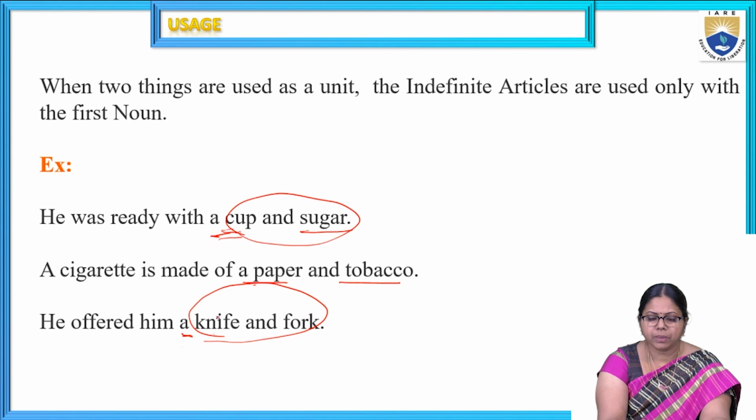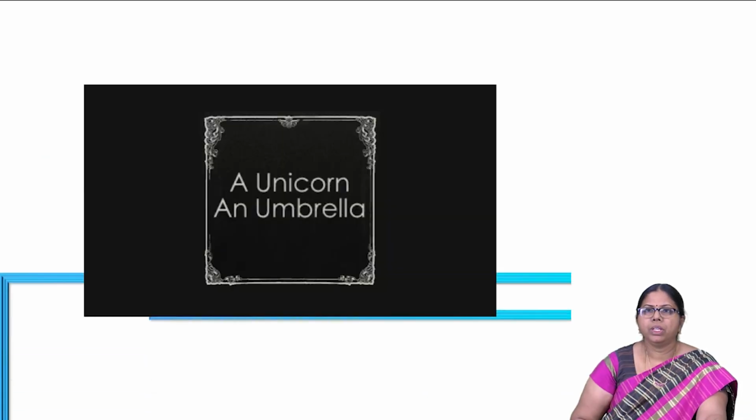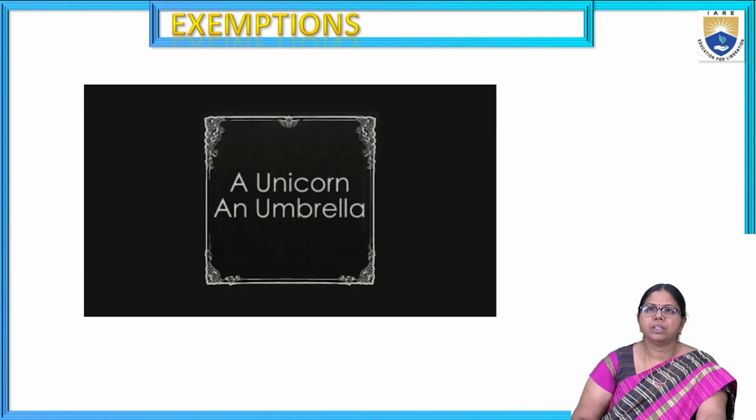And when two things are used as a single unit, there is no need to use the article again for the next noun. So now we are going to discuss the exceptional cases. Till now we discussed the cases where we use the definite article and indefinite articles. One basic rule is that we use the definite article with definite nouns, and a and an are the two articles we use for indefinite nouns.